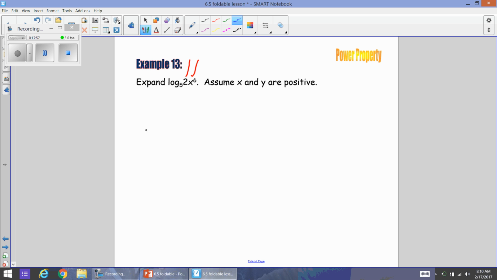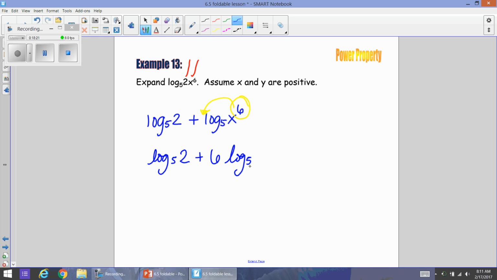So what I'm going to have is log base 5 of 2 plus log base 5 of x to the 6th. And then I have to say to myself, whoa, hold up. That 6 is coming down. So this is log base 5 of 2 plus 6 log base 5 of x. Some of you, I'm sure, can skip that step right here and just know to bring the 6 down. And if you can, go for it.